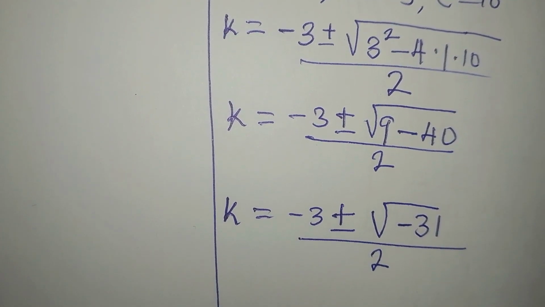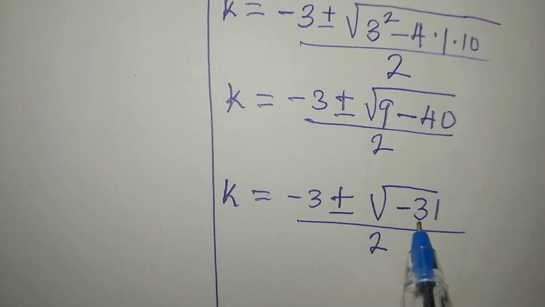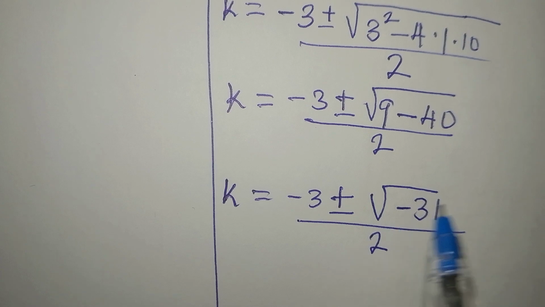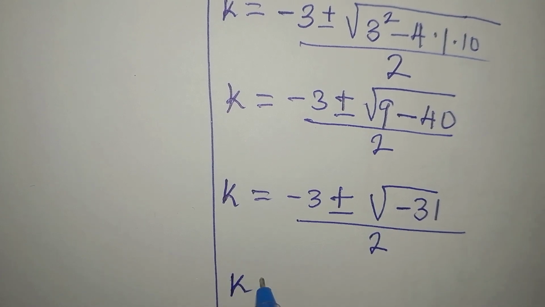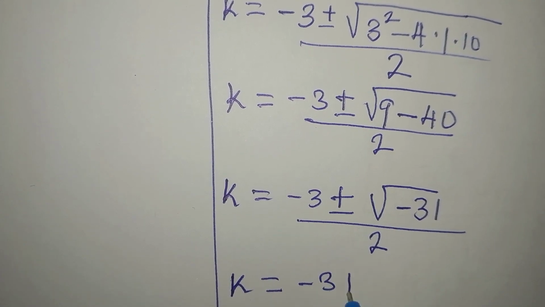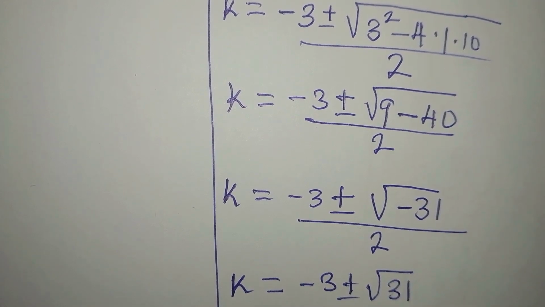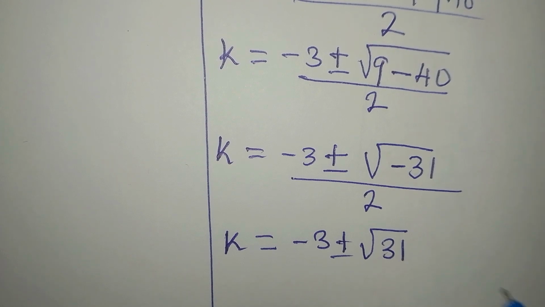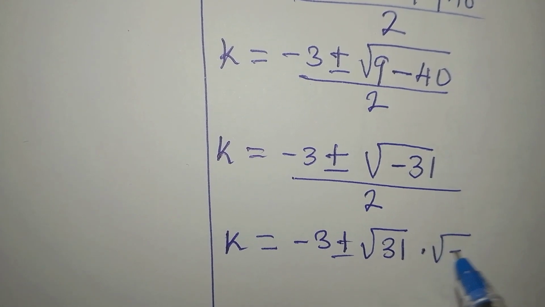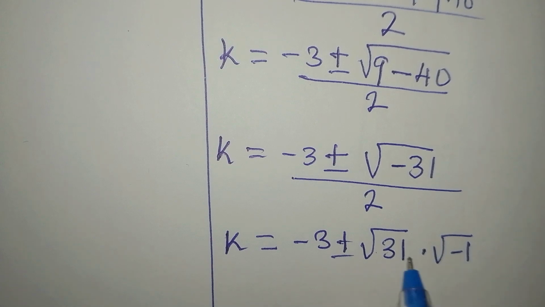But now this 31 here is going to give us a complex solution because of the negative. So we can write k to be equal to minus 3 plus or minus square root of 31. I'm picking out the negative from there. Multiply by square root of negative 1, so that if I multiply these two, I will still have square root of negative 31.